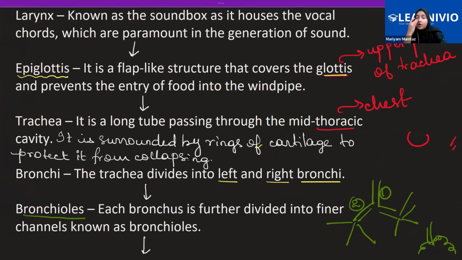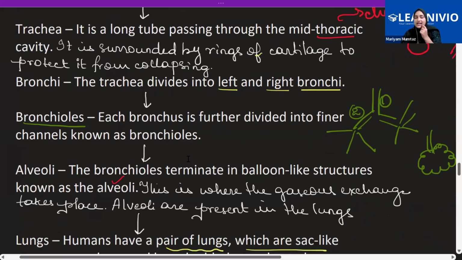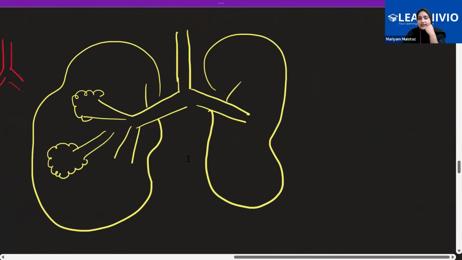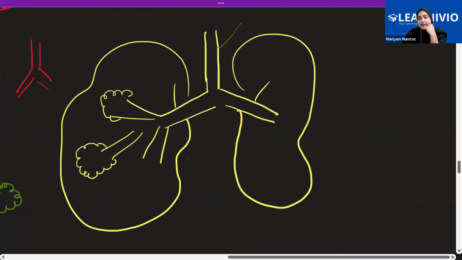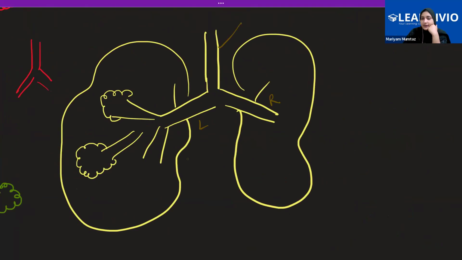And further, when the bronchi divide, they form tinier tubes, that is bronchioles. Understood? So see this. This is the trachea getting divided into left and right bronchi. Further, when these bronchi divide like this, these are your bronchioles. Understood?